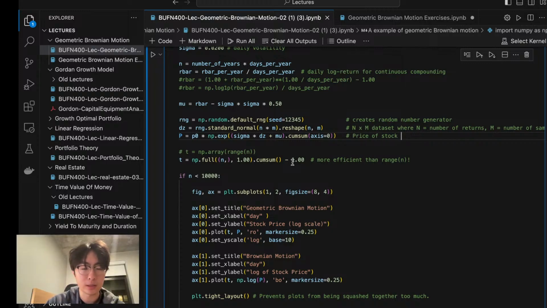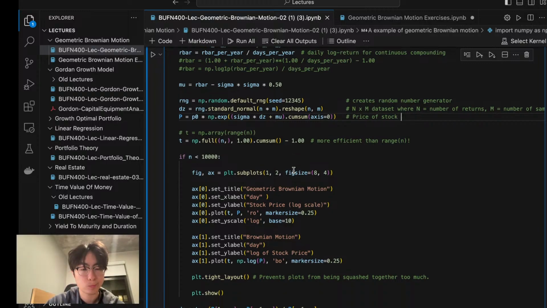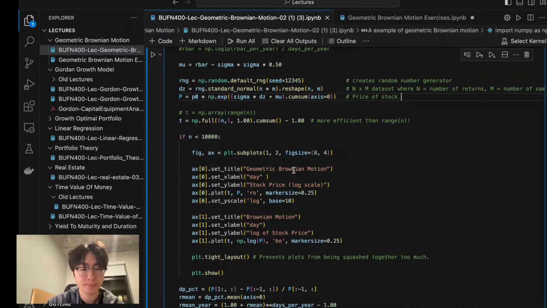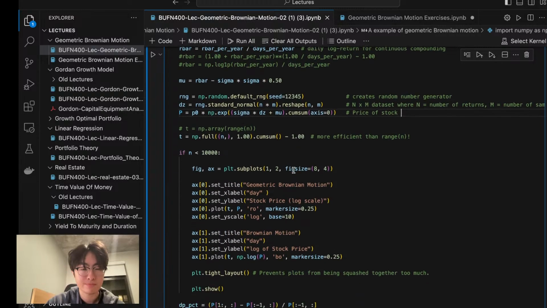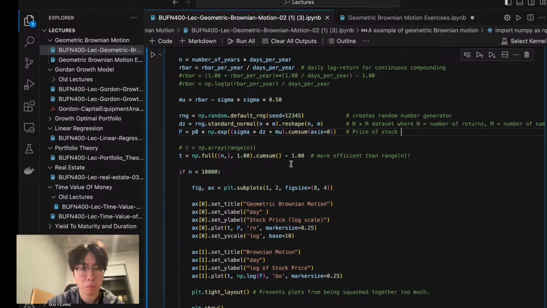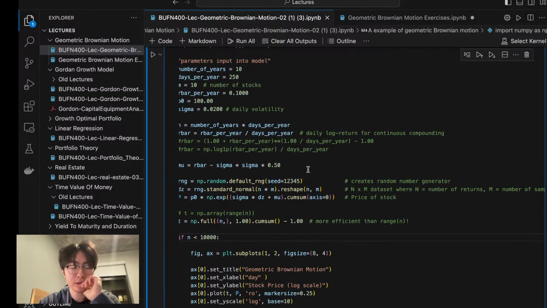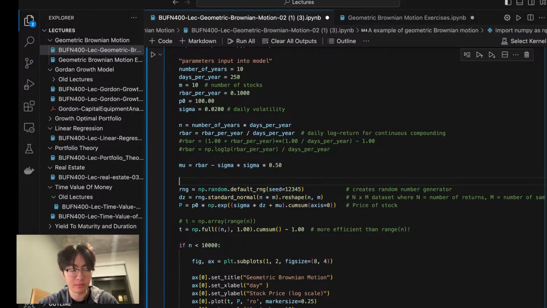Times DZ. So this is our kind of geometric Brownian motion process here.